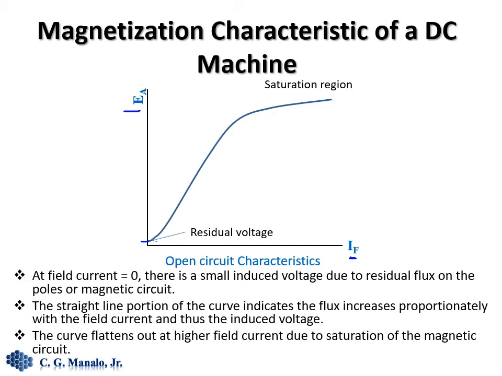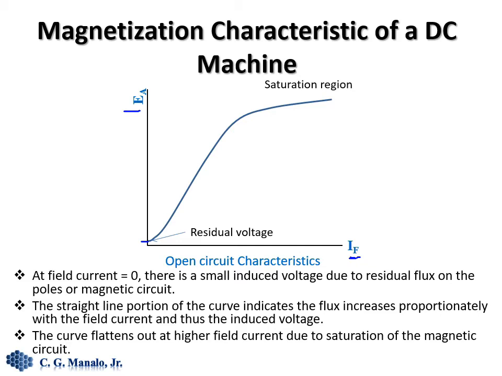The reason is that the field poles start to saturate, and regardless of how much you increase the current I sub f, the flux would not increase that much. So therefore, the curve tends to flatten as I sub f is increased.